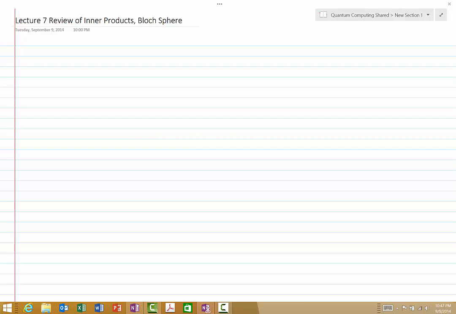If we have a state C, and we want to measure it with a measuring basis that consists of some ket V and V orthogonal, and this is assumed to be an orthonormal basis, as is the case with all of our measuring bases.